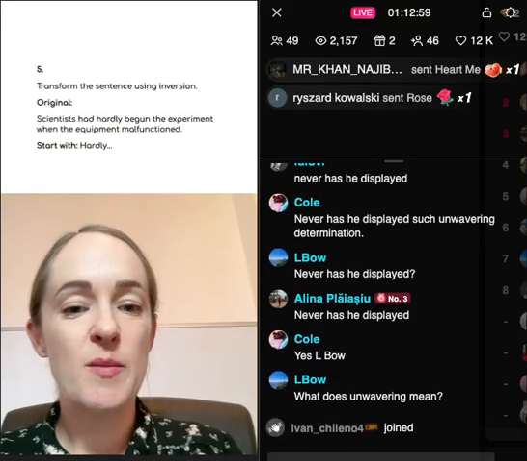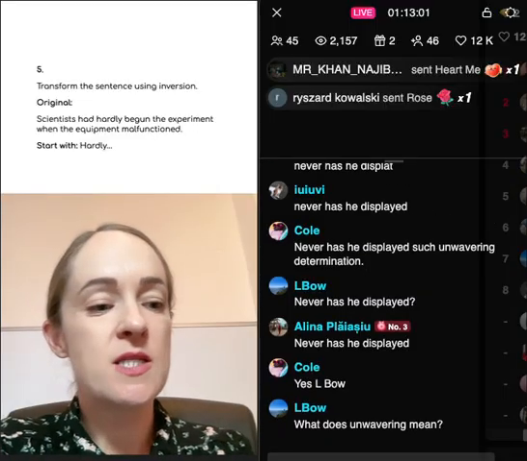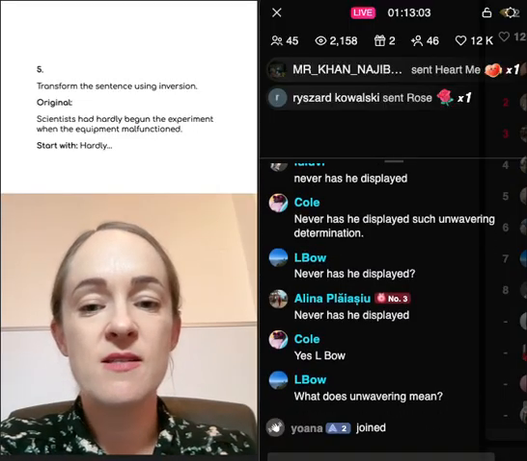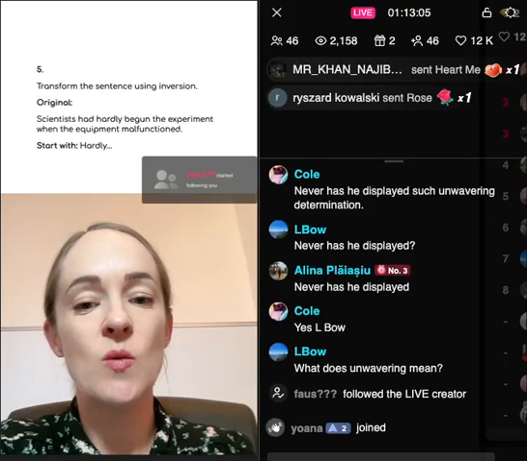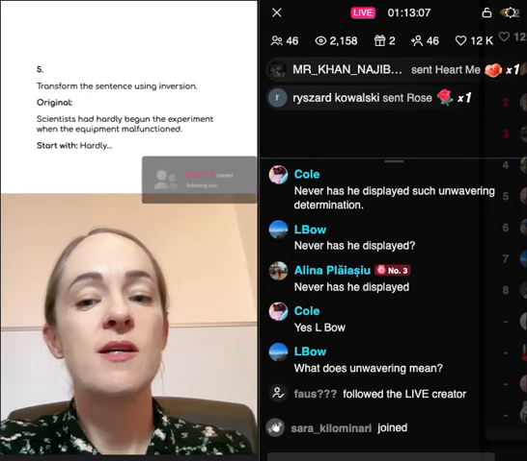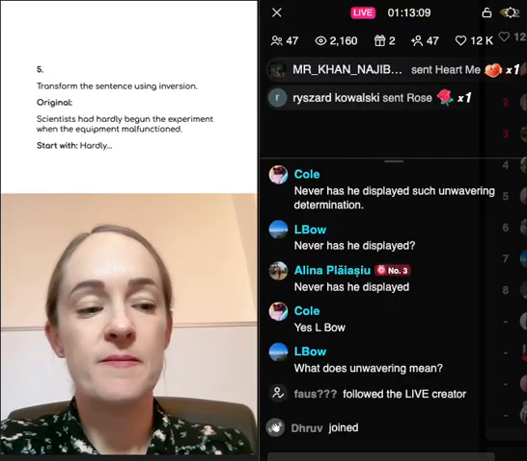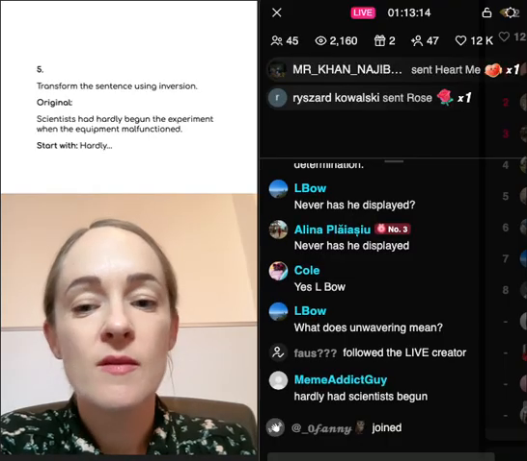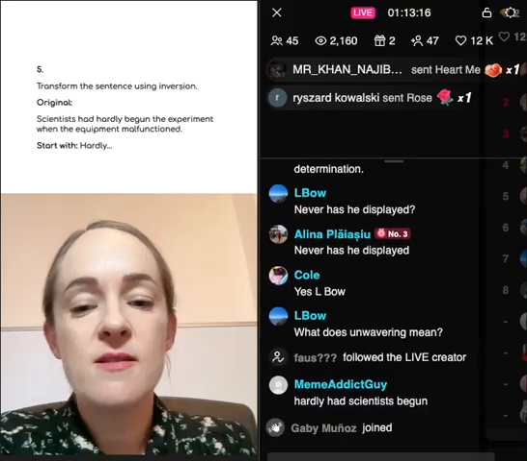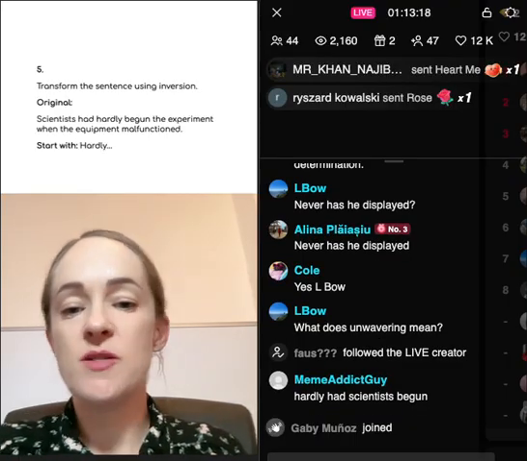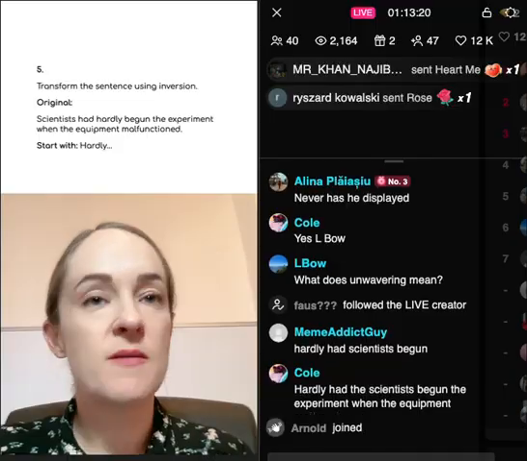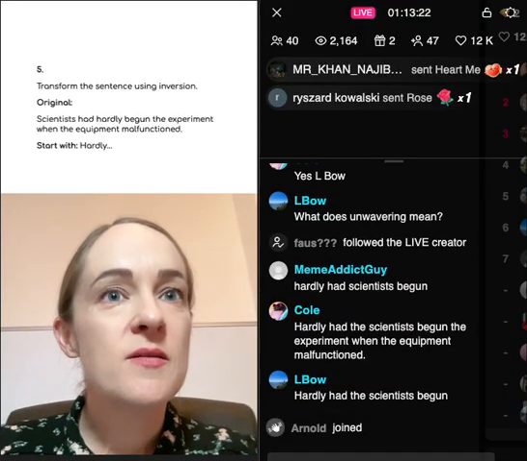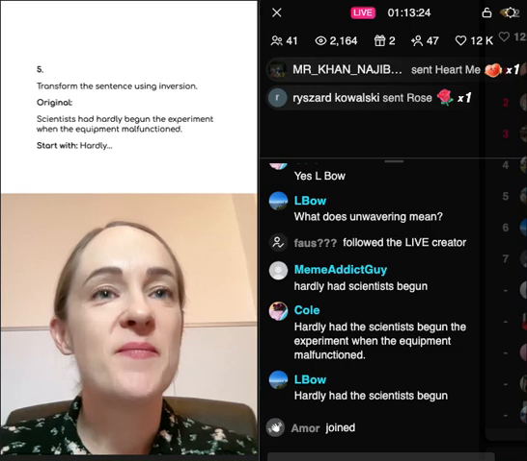Scientists had hardly begun the experiment when the equipment malfunctioned. Start with hardly. Scientists had hardly begun the experiment when the equipment malfunctioned. Very good.